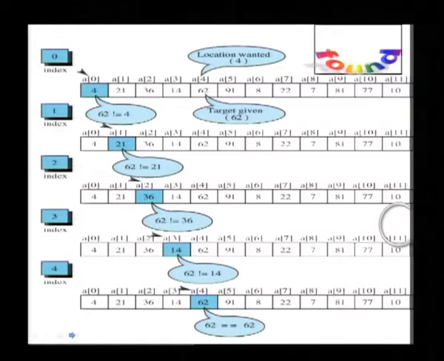The comparison of 62 and 4 definitely results in the fact that they are not equal, and the next comparison would be with the element at index 1 which is 21, and so on till we come to the third element, for example, where again a comparison with 62 is made with the value which is there, which is 14, and after 5 iterations the element 62 is found for the first time in the array index 4, and this is considered as a discovery or a successful search where the search key has been found.